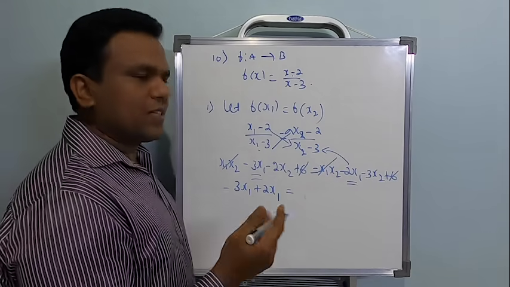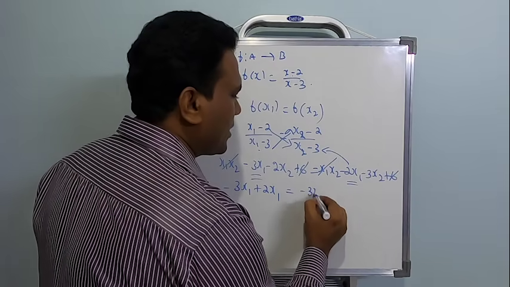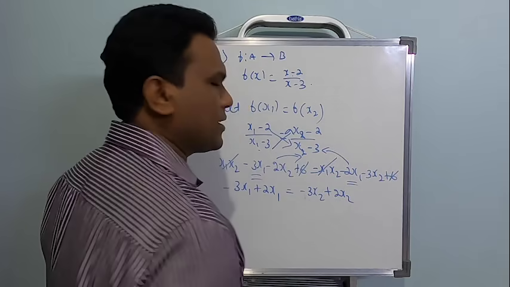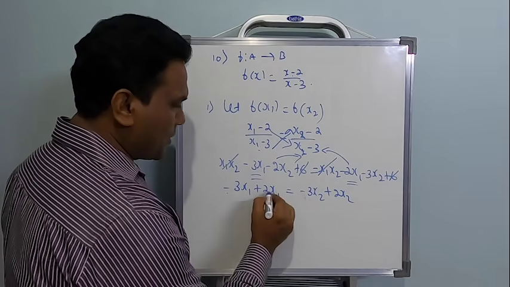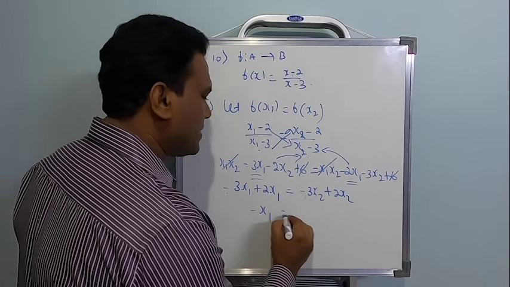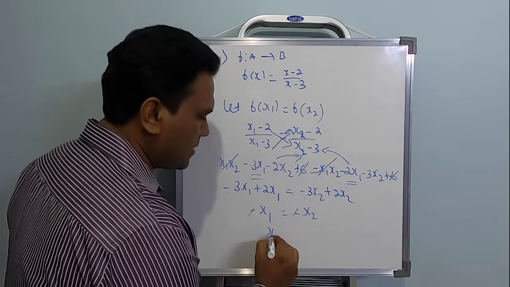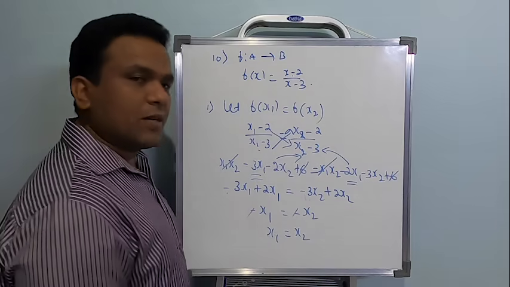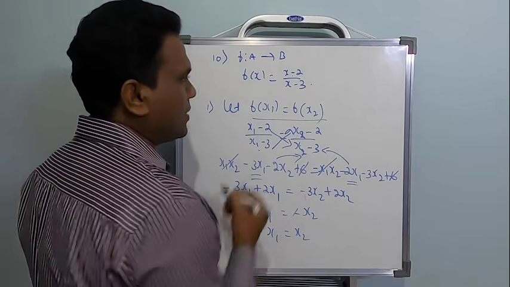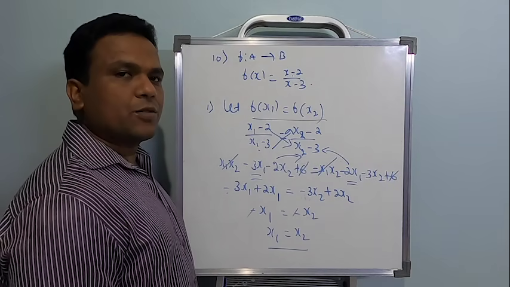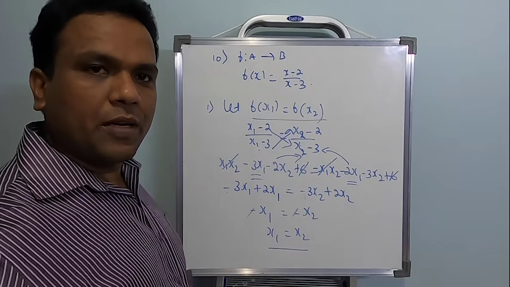I will collect x2 to one side. I already have minus 3x2 here, and this should be shifted to the right side. So plus 2x2. Now minus 3x1 plus 2x1 is going to be minus x1, and this minus x2. You can eliminate the minus sign. The remaining is just going to be x1 equal to x2. So we start with f of x1 equal to f of x2, and we are able to get x1 equal to x2. Hence the given function is going to be 1-1.